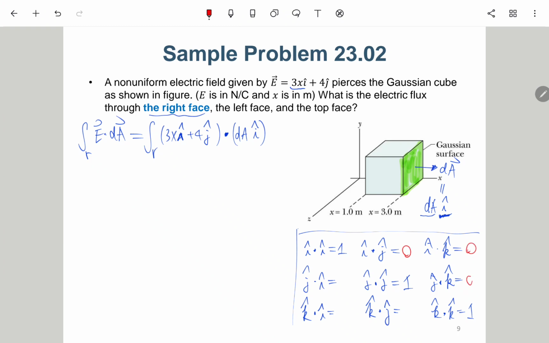So this is pretty much it. In the Cartesian coordinates, when you dot any two of the unit vectors, if they are the same, i dot i, j dot j, k dot k, then it will be 1. Otherwise, the dot product will be 0. So it is really simple.